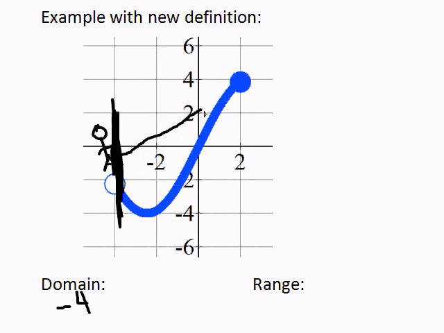We walk from left to right, always from left to right. Keep on walking until we get all the way to 2. So all of our x values are going to be between -4 and 2. The main difference here is that you don't actually start or be able to touch the -4, so we do not write an underline underneath that. However, we do walk all the way over to 2, so we do get an underline underneath the 2.